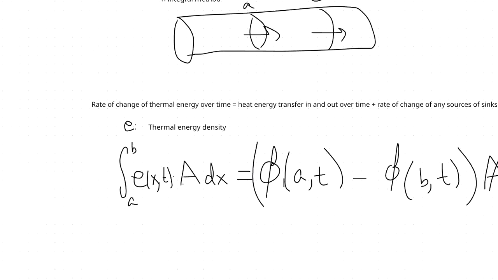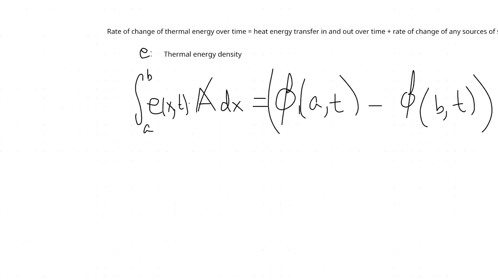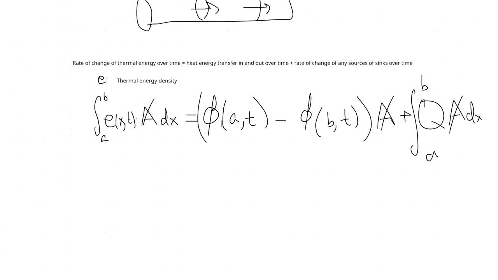But we're left with this integral equation, which we can now manipulate. The rate of change of the thermal energy is equal to the change in flux plus the rate of change of any of the sources or sinks, right?